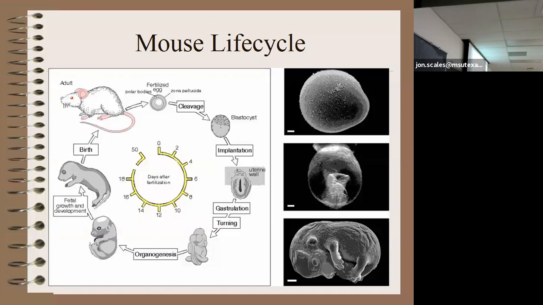And implantation into the uterine lining, it's actually the interaction with those uterine cells that are releasing signals, and those signals then trigger the differentiation of differences within the blastocyst. So the initial ball of cells is essentially a hollow ball.